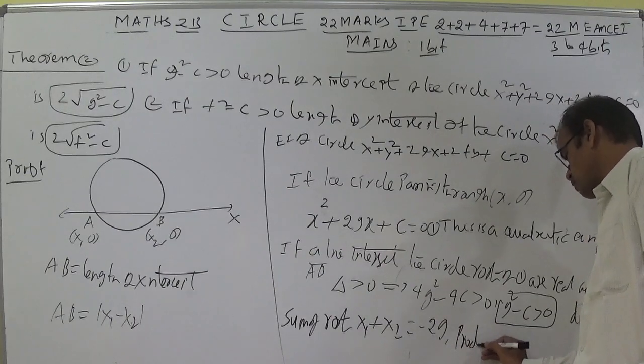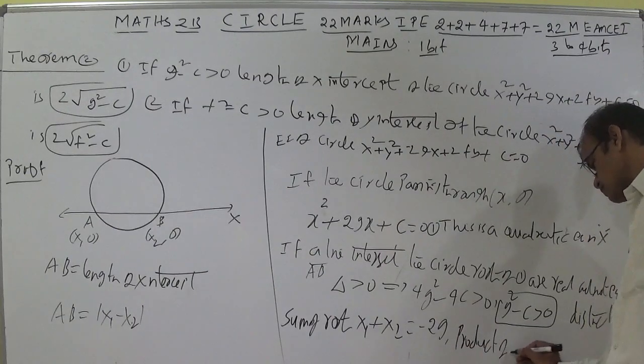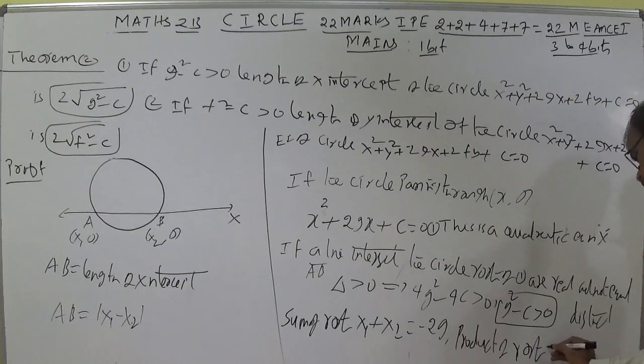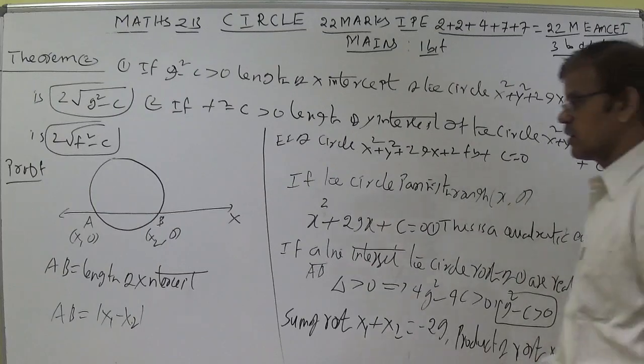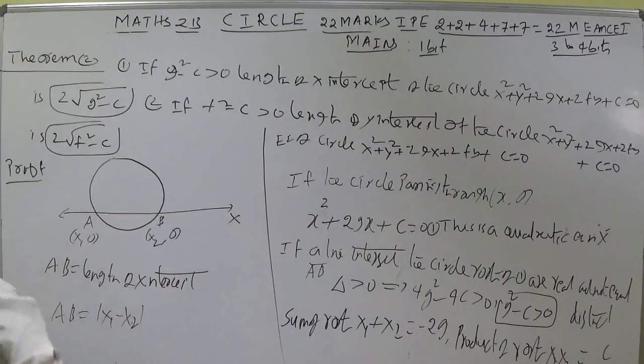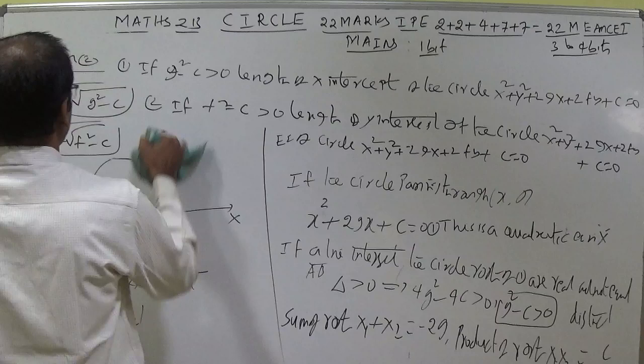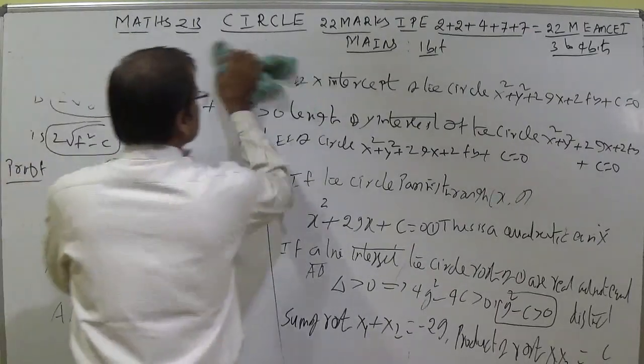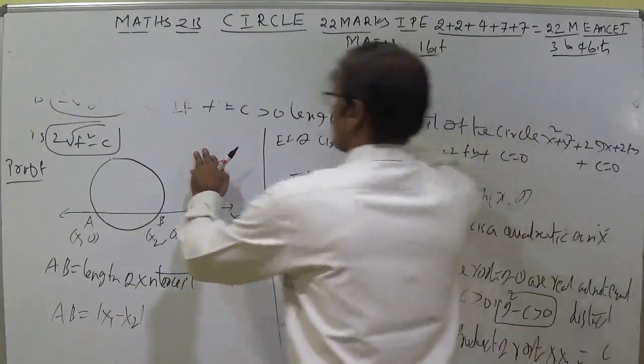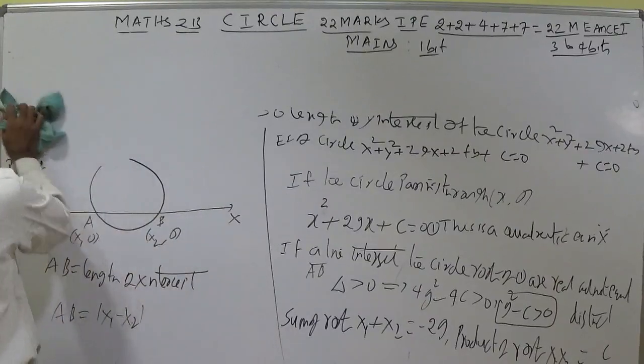Product of roots is c by a, that is simply c, so x1 x2 is equal to c. Now we should calculate AB is equal to modulus of x1 minus x2.